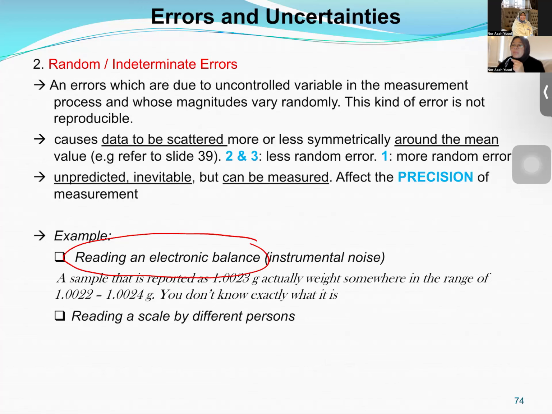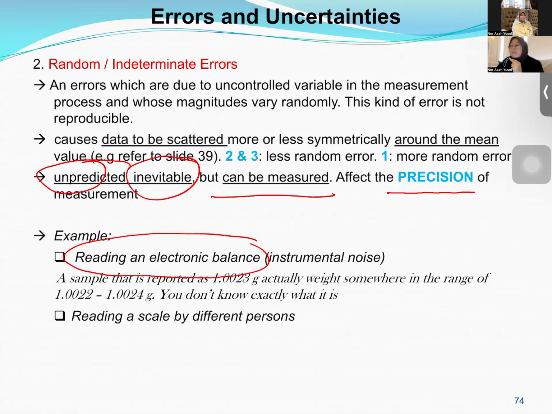So this is unpredicted, cannot be avoided, inevitable, but can be measured or can be treated. That's why statistics is very important, and it will affect the precision. Just now we know what precision is.